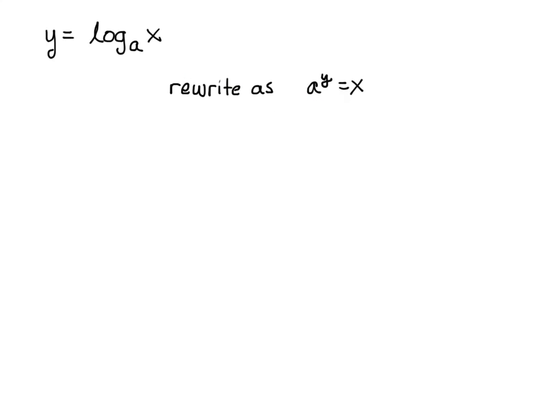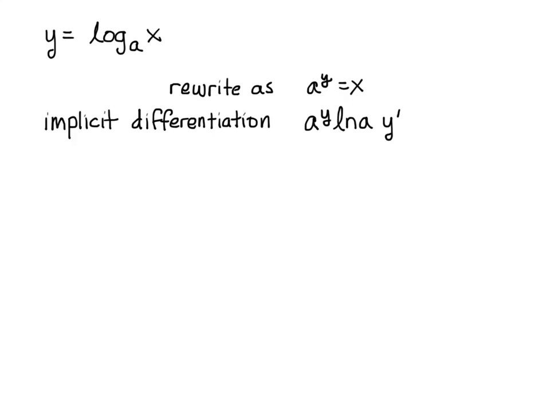Now let's do some implicit differentiation here, because we already know how to take the derivative of this. So if we use implicit differentiation, we get a to the y ln a, that's the derivative of a to the y, and then by the chain rule we have to do the derivative of y, and so we get y prime. The derivative of x is 1, and so we have this expression here.